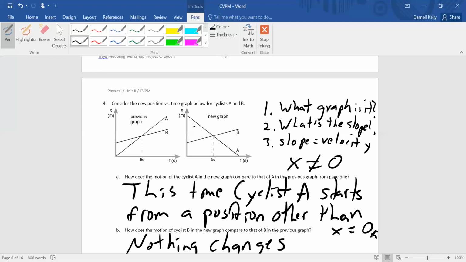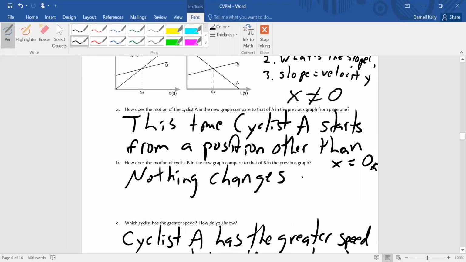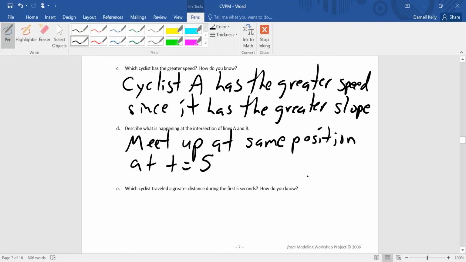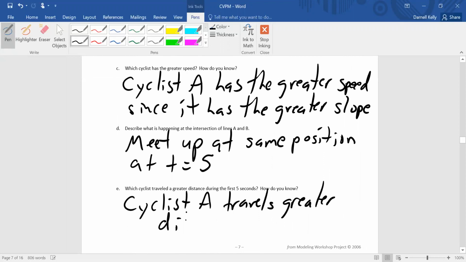Does everybody see that? Any questions about that? So cyclist A travels the greater distance. That's your 6 and 7.